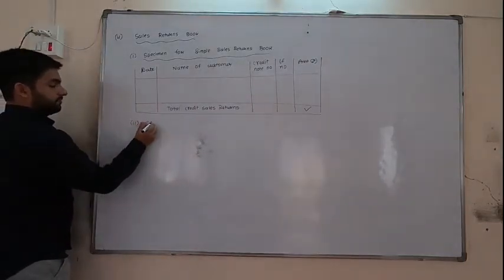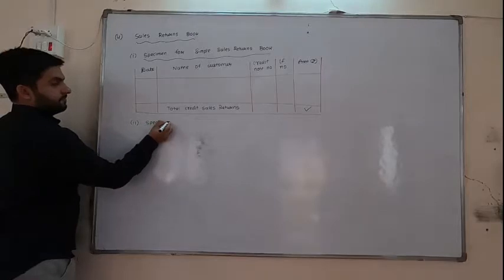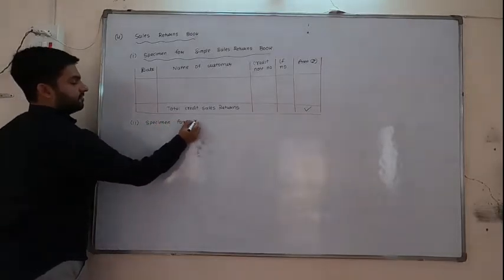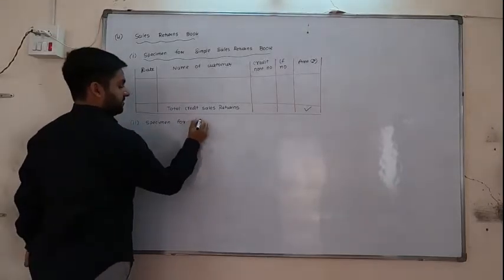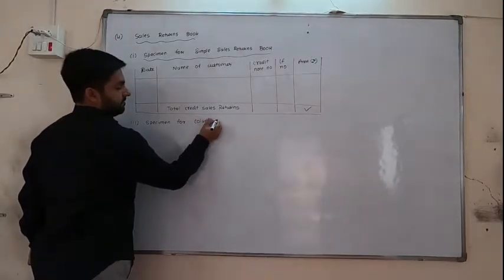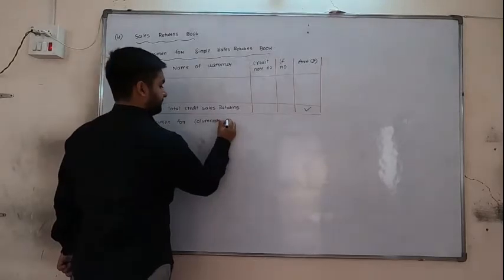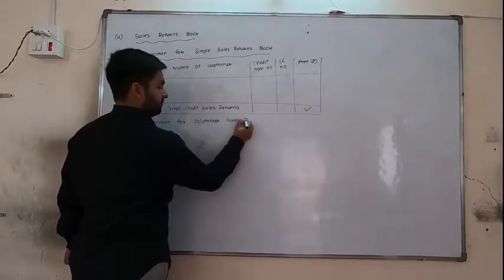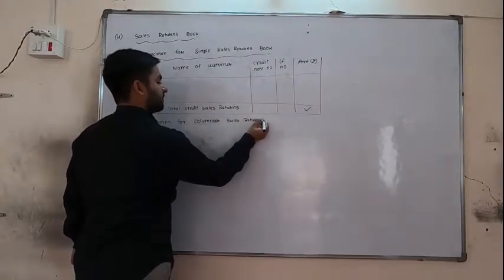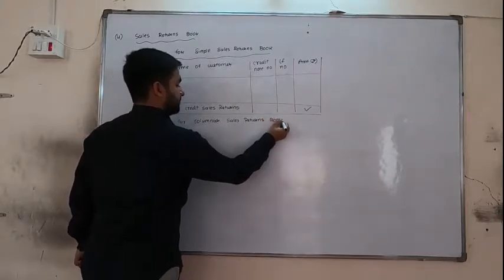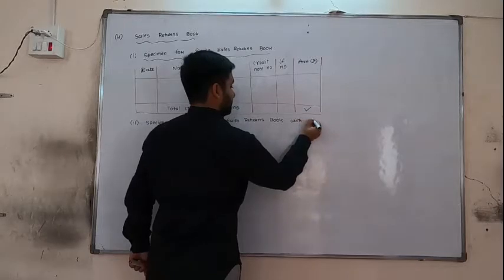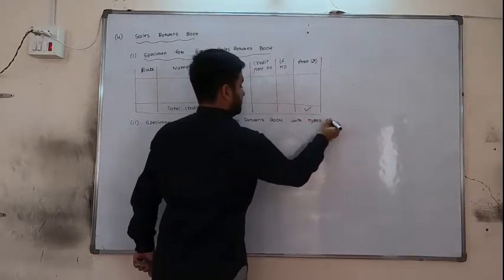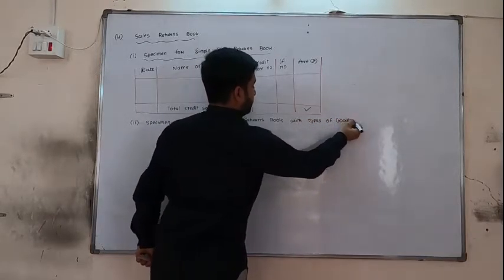Number 2, specimen for columnar sales returns book with types of goods.